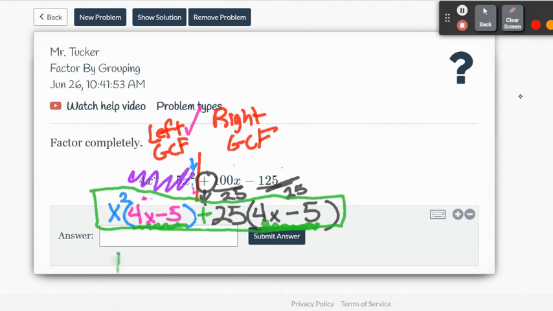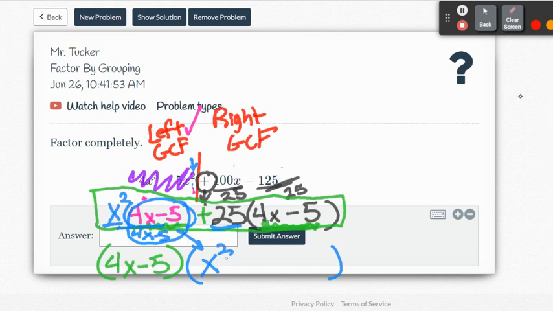So I'm going to factor out a 4x minus 5 binomial, and what I will have left should just be these numbers in front. If you're dividing by this 4x minus 5, anything divided by itself is 1, and so the x squared is left there.